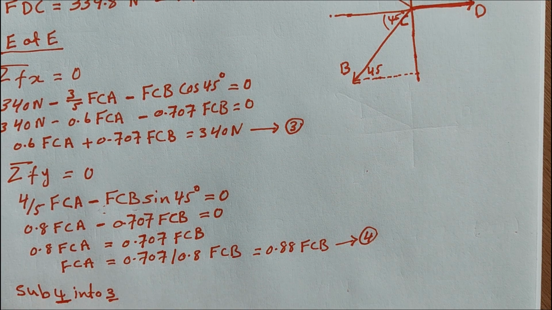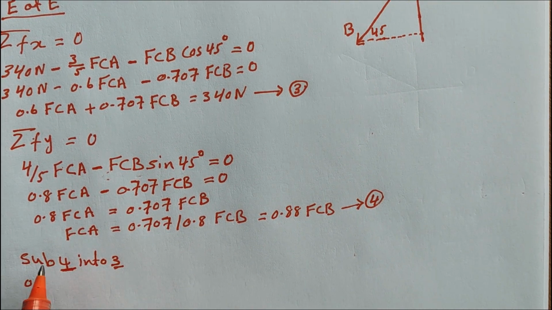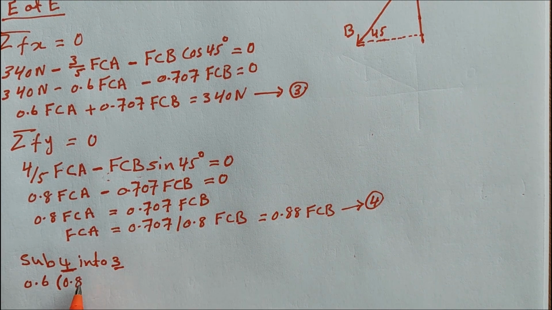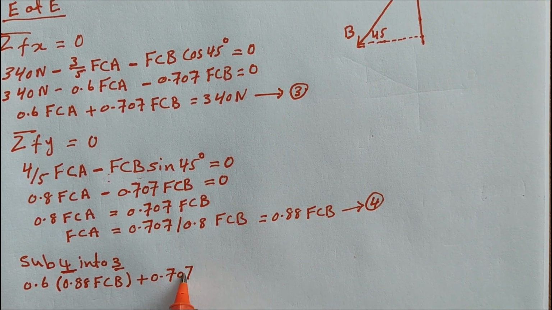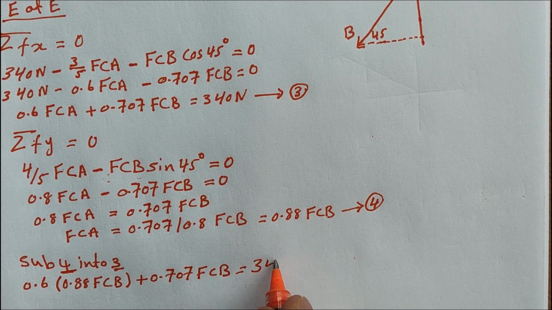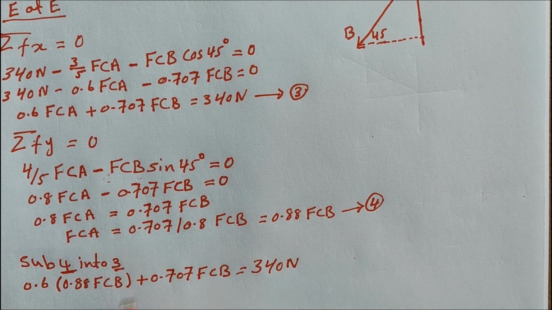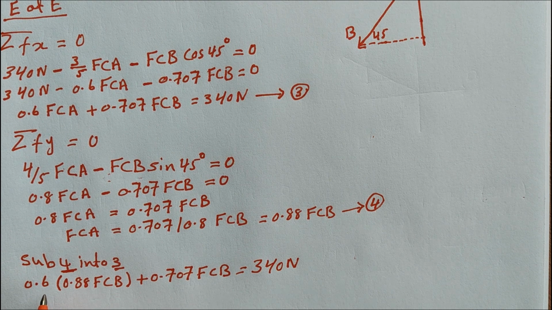So let's come in here: 0.6 FCA, FCA is 0.88 FCB, plus 0.707 FCB equal to 340 Newton. So multiply these two together, 0.6 times 0.88.